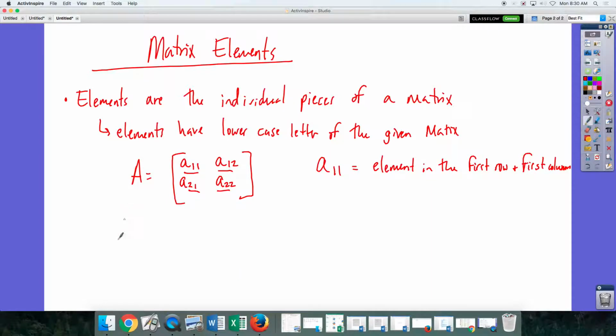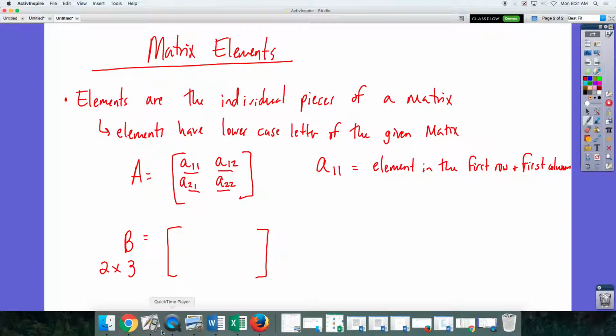All right, so what I want you to do is we're going to have matrix B, and matrix B is going to be a 2 by 3. I want you to fill it in with the elements. So we're talking matrix B, so the letter we're going to use is lowercase b, right?